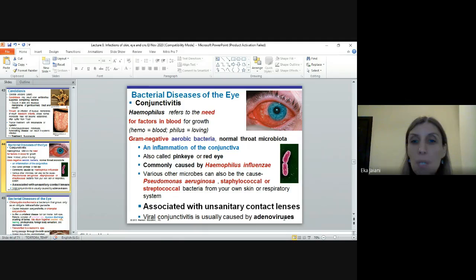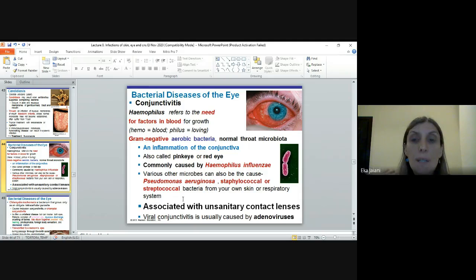Other microbes include Pseudomonas aeruginosa, which can reside on the skin and cause different diseases, like wound infection. Yes, we had this in the previous lecture. Staphylococci and Streptococci live on the skin or respiratory tract and can then cause different infections.